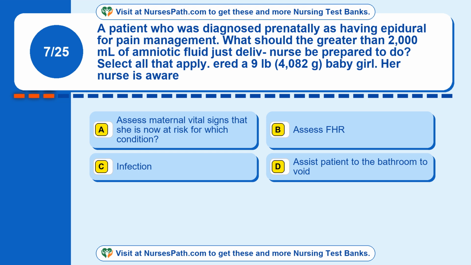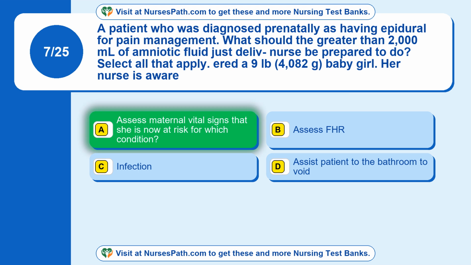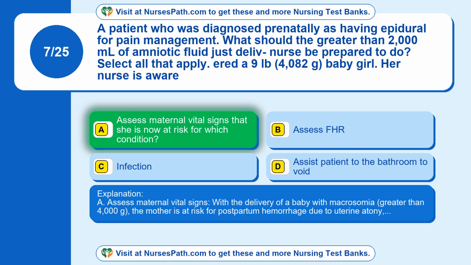Option C. Infection. Option D. Assist patient to the bathroom to void. The correct answer is option A. Assess maternal vital signs with the delivery of a baby with macrosomia, greater than 4000 g. The mother is at risk for postpartum hemorrhage due to uterine atony.